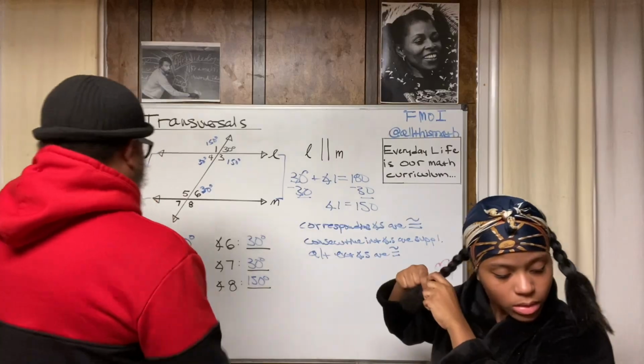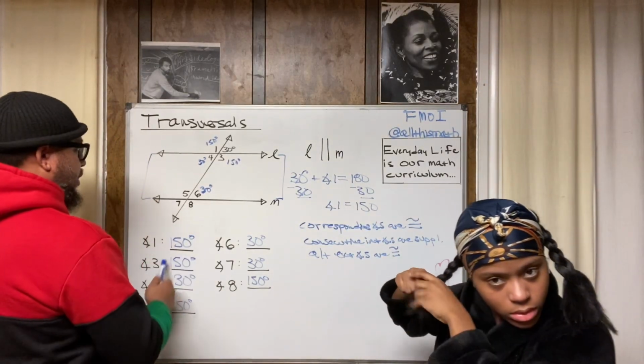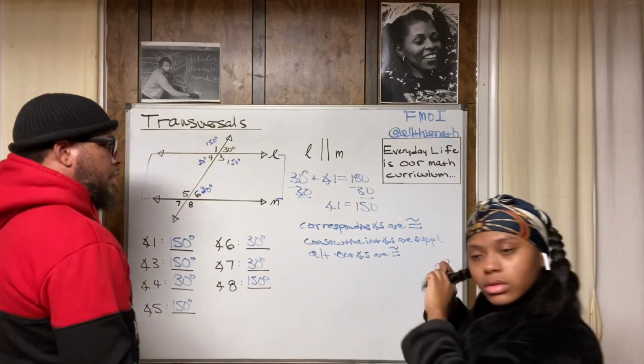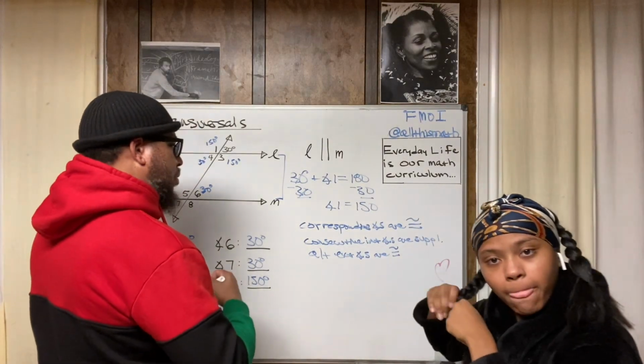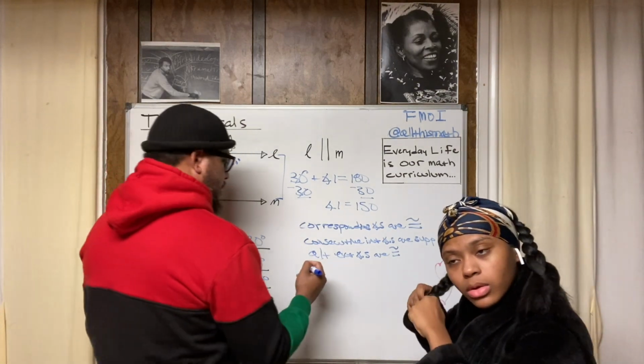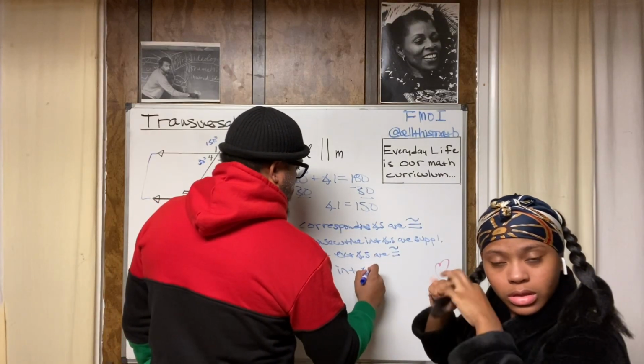All right. So look, we have found out all of these angle measurements: angle 1, angle 3, angle 4, angle 5, angle 6, angle 7, angle 8. And what did we not talk about? We talked about corresponding angles. Oh, alternate interior angles. Alternate interior angles are also congruent.